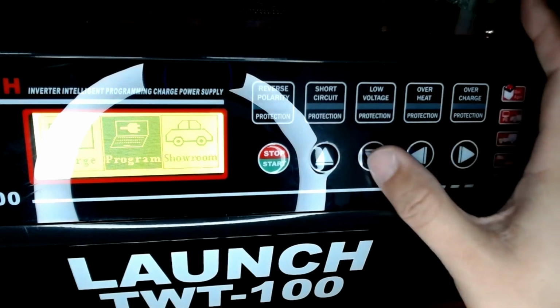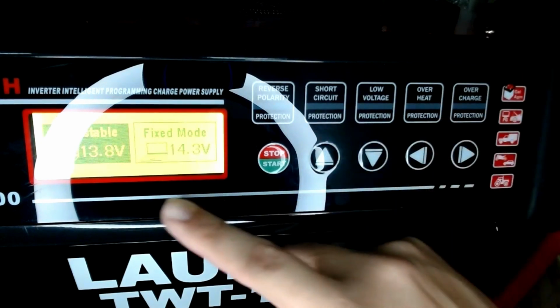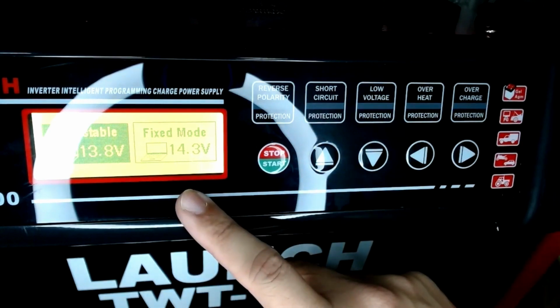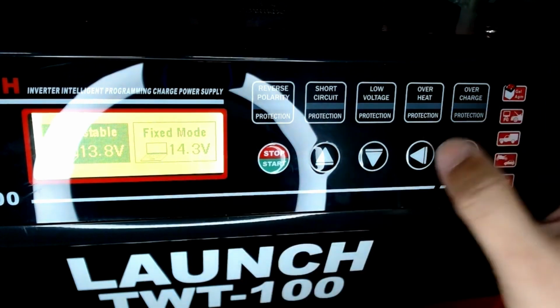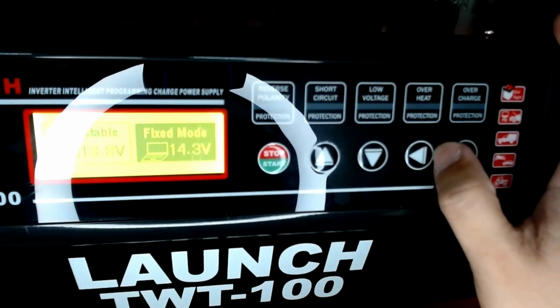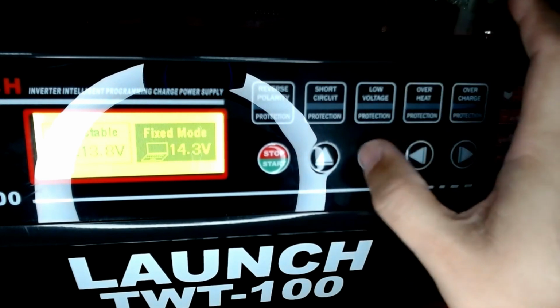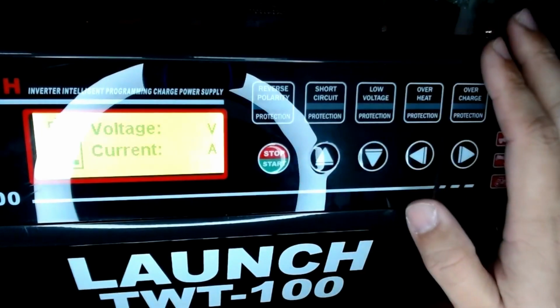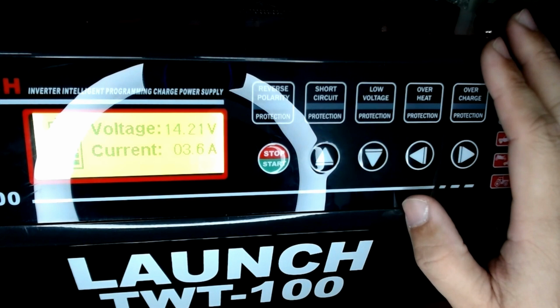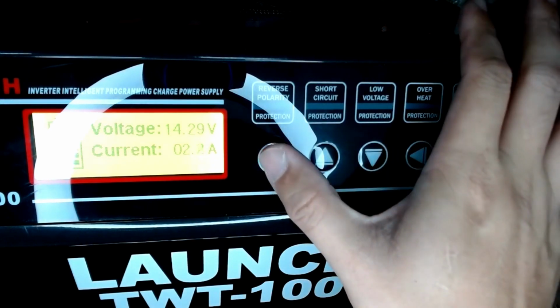So for the programming, inside there is adjustable and fixed. If the car never mentions a specified battery voltage, you can use the fixed mode to keep on charging the battery.